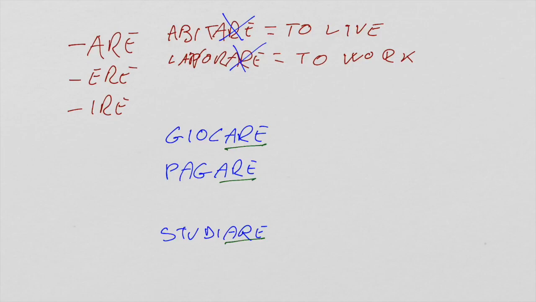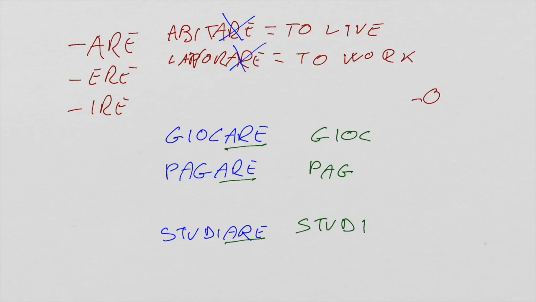So, to obtain the root, you do the exact same thing. The root of giocare will be gioc, pagare will be pag, and studiare will be studi. Now, you don't have any problem with the io form. If you remember, the ending for the io form, for I, is o.